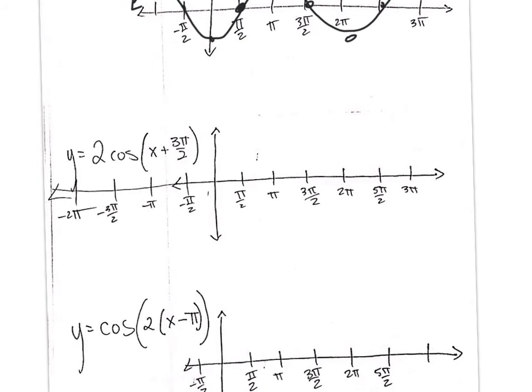Over here we have an amplitude of 2. So let's write that in before we forget: 1, 2, -1, -2. And we're going to go to the left by 3 pi over 2. So 1, 2, 3. We're starting here, and the cosine graph starts at the top, so we'll go up here.